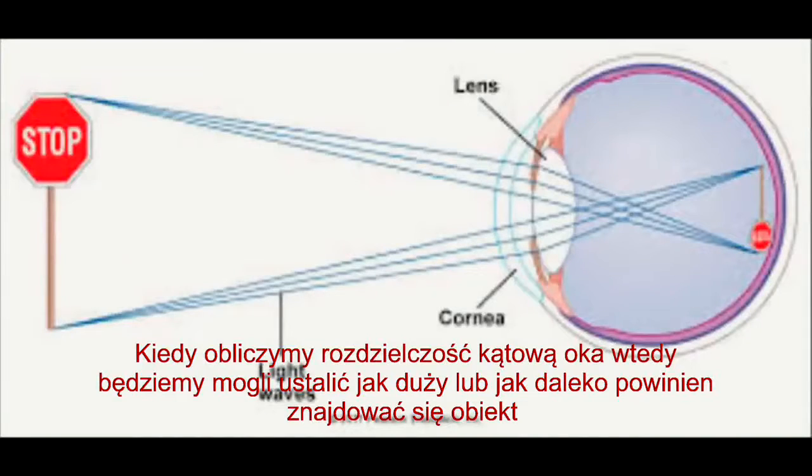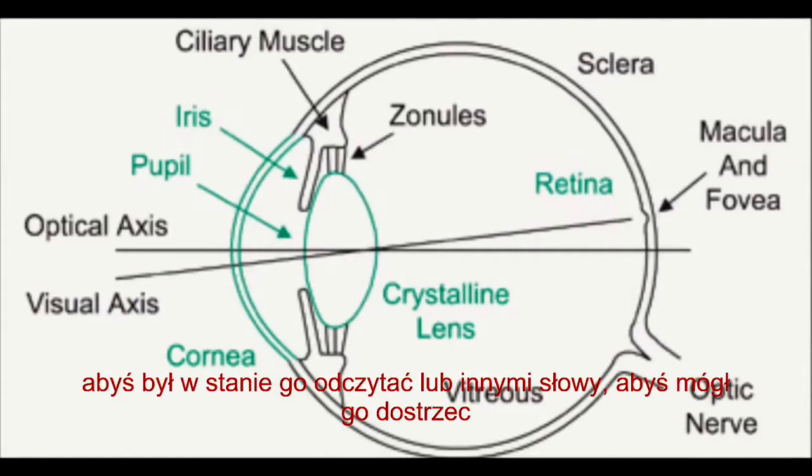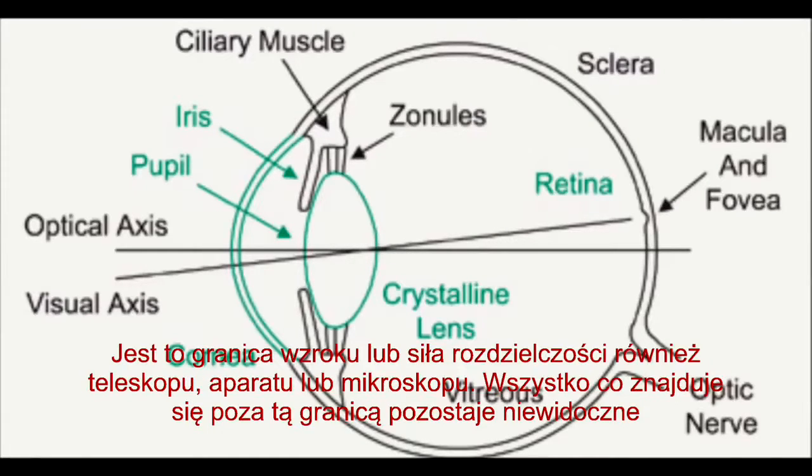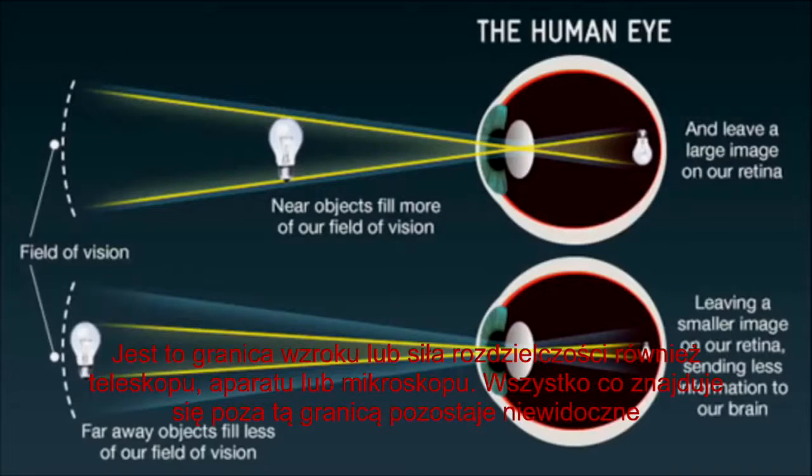Once you figure out the angular resolution of, say, the human eye, you can then determine how large or how far away an object must be for you to be able to resolve it. In other words, for you to be able to see it. This is the limit of eyesight, or the resolving power of a telescope, camera, or microscope. Anything beyond this limit cannot be seen.